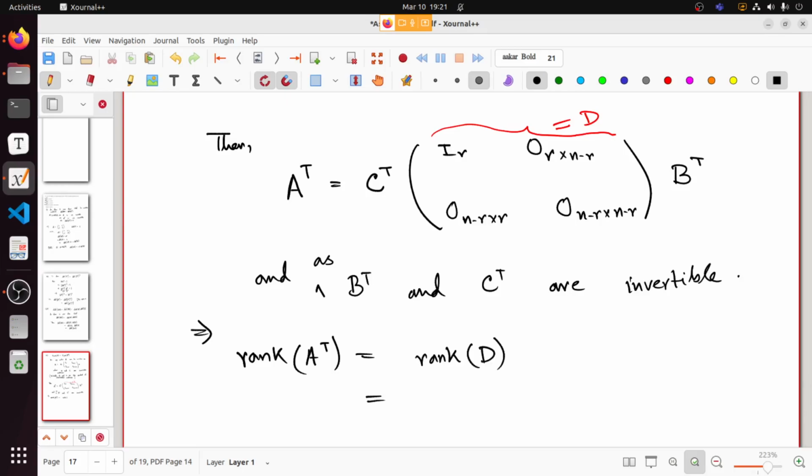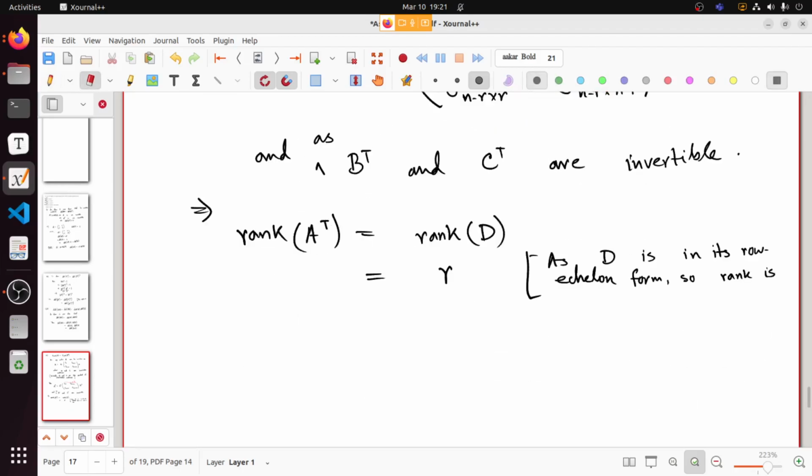So what is the rank of D? This is R, right? Because D is in its row echelon form, the rank is the number of non-zero rows, right?